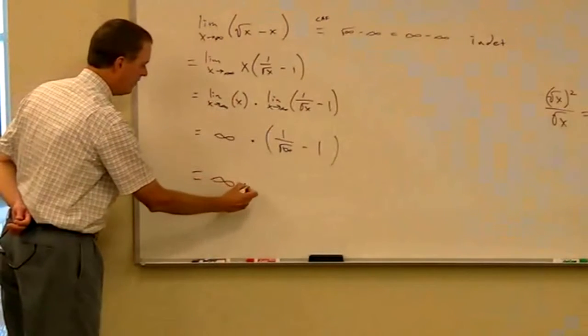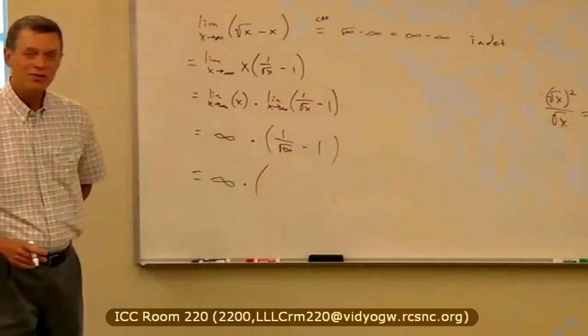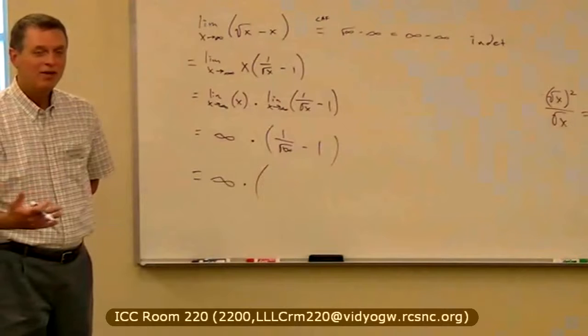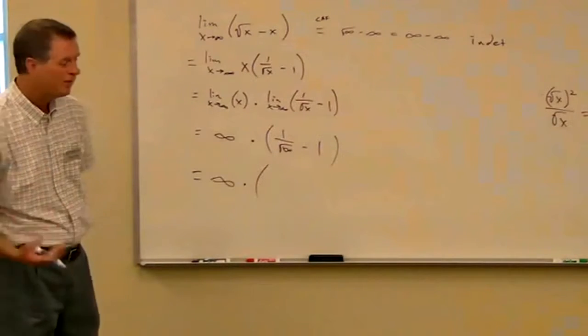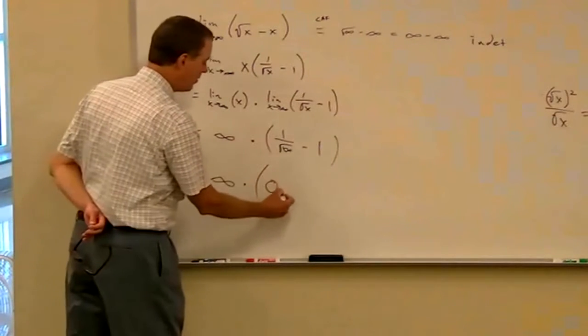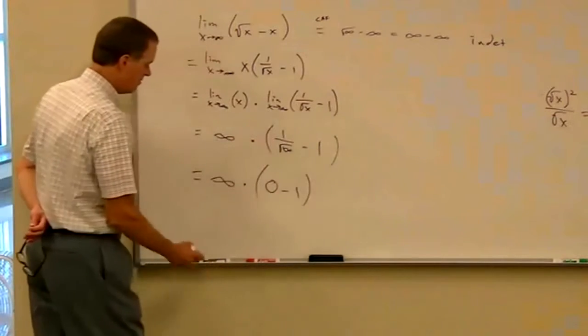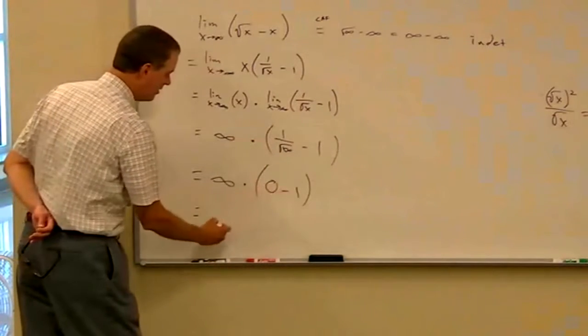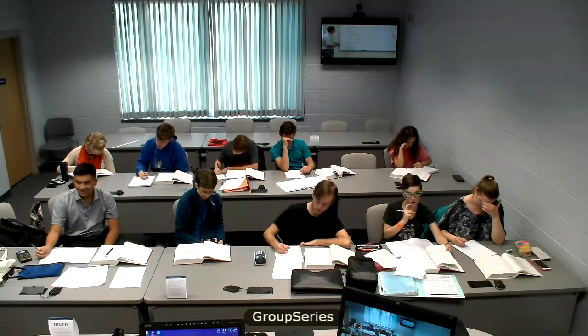If you agree that infinity is so large that the square root of infinity is still infinity, then 1 divided by infinity is 0. And infinity times negative 1 is negative infinity. That's it. What's your limit?